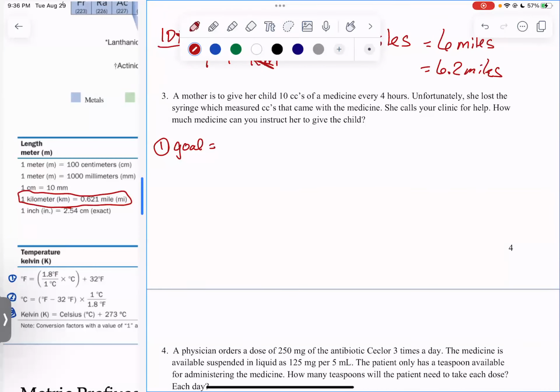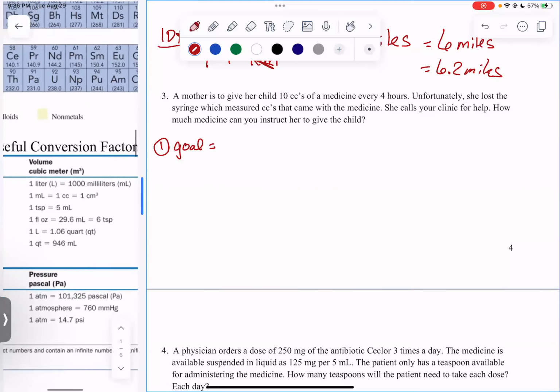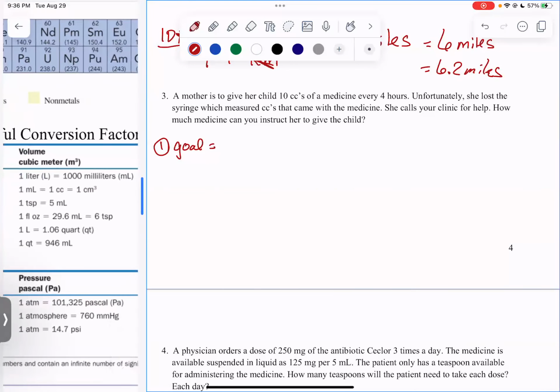We're trying to get to teaspoons, right? Because she's lost the syringe. So what is she going to do? She's going to use whatever volume measurement she has in the house. Most people are going to have teaspoons. So our goal is teaspoons.